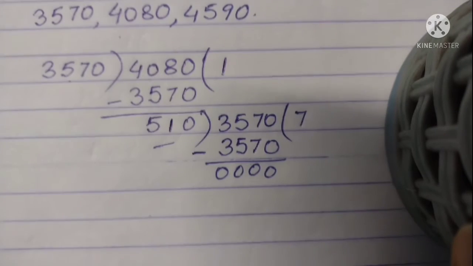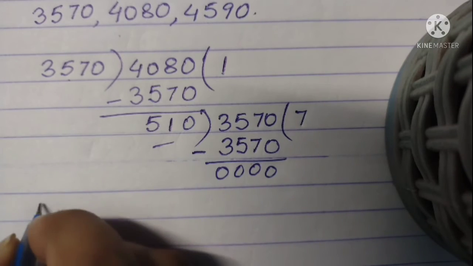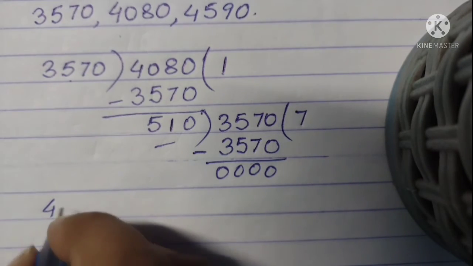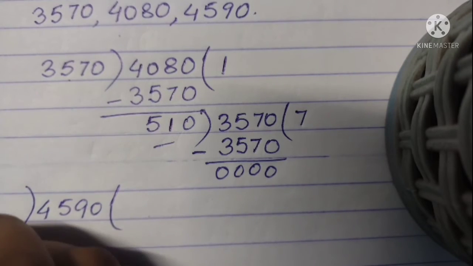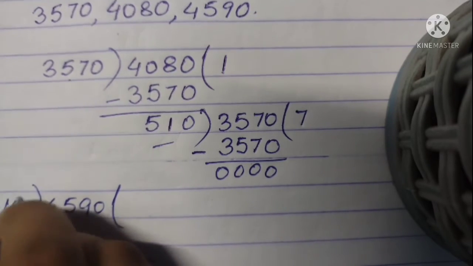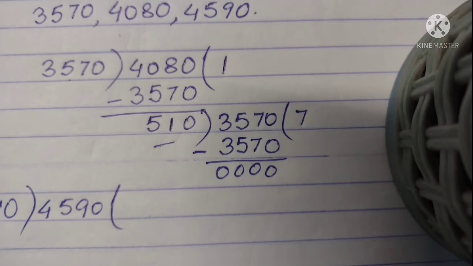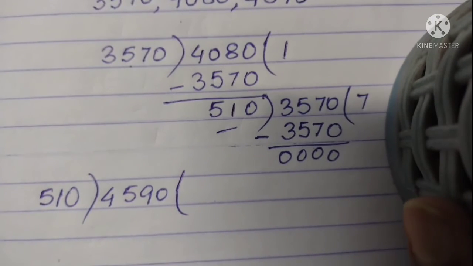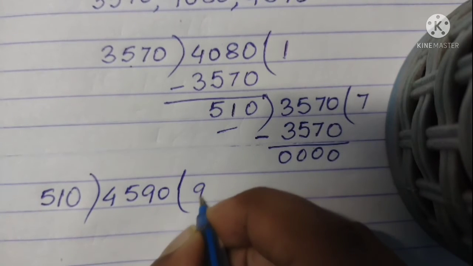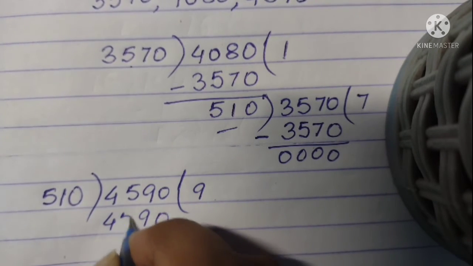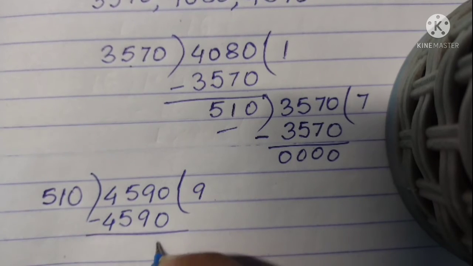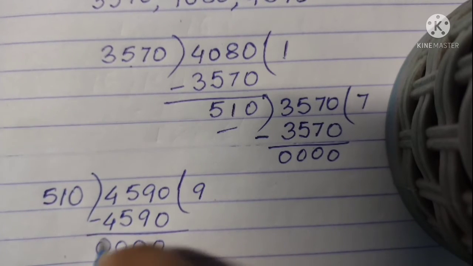So we will divide 4590 by 510. Let's divide by 510. So 510 into 9 is 4590, in which the difference is 0.